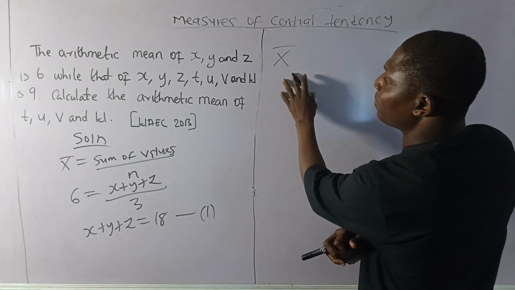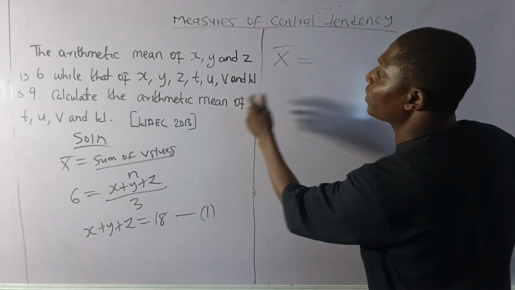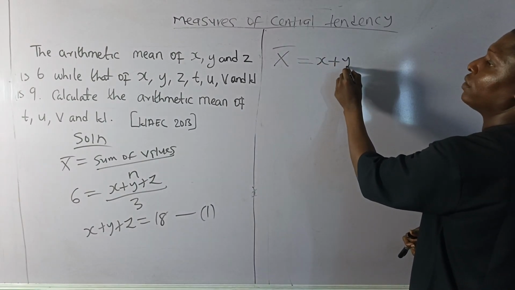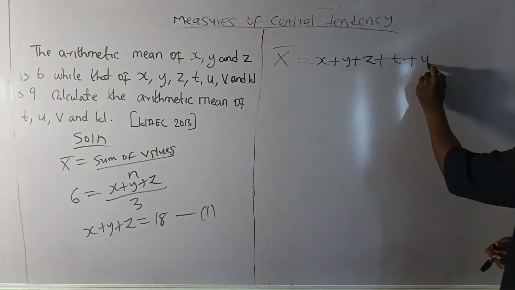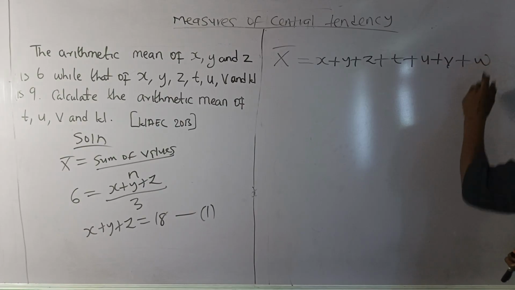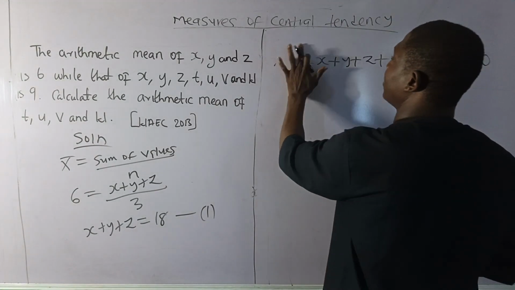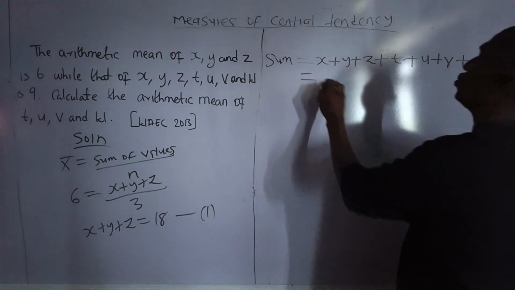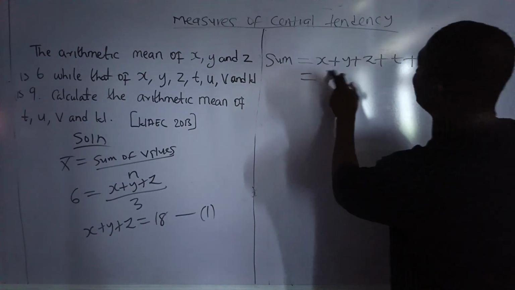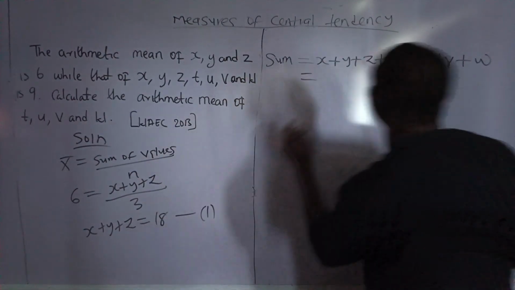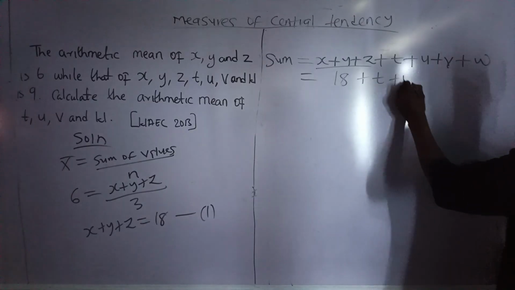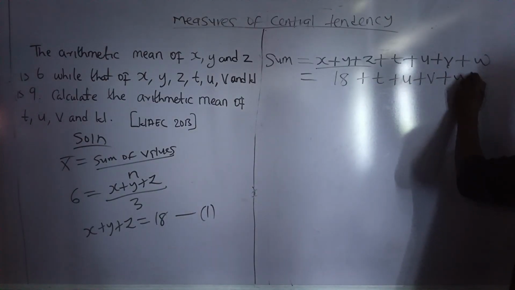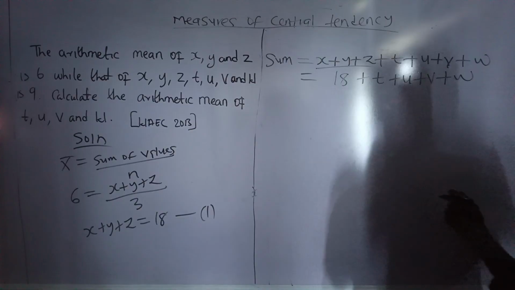So if we have x bar equal to x plus y plus z plus t plus u plus v plus w, sum of all this, is equal to, so xyz is already 18, as seen there. So we have 18 plus t plus u plus v plus w. So we have this expression as a sum.